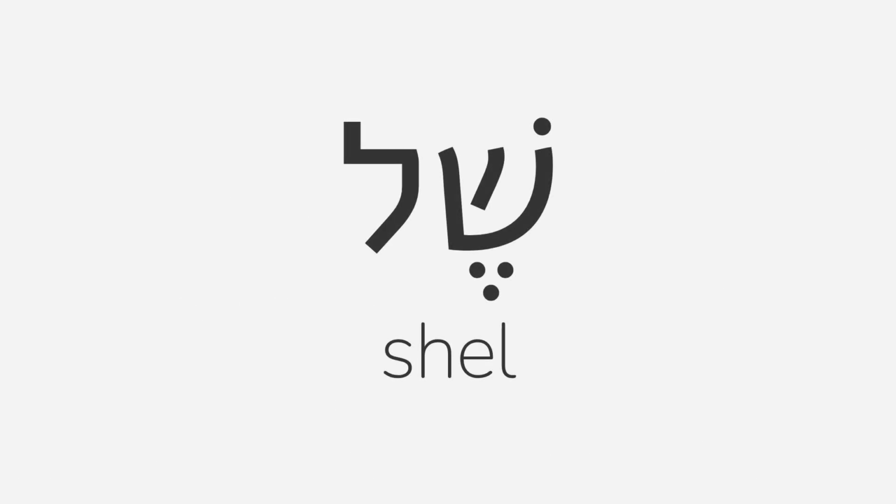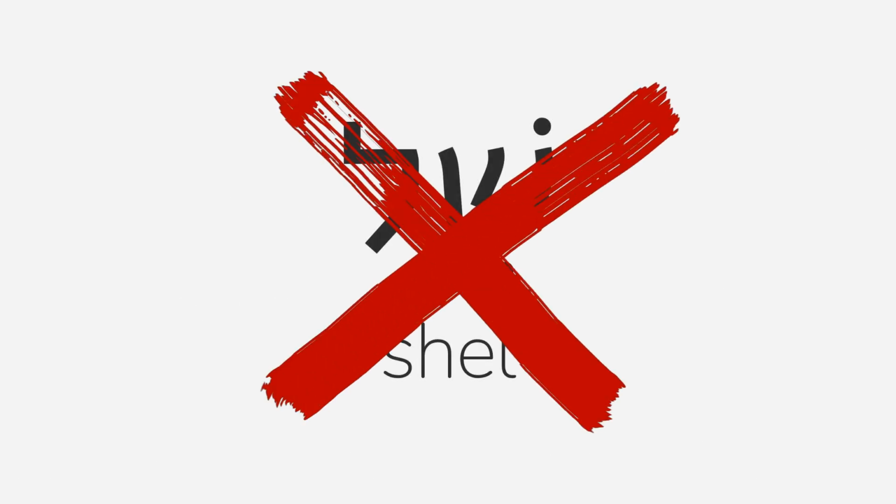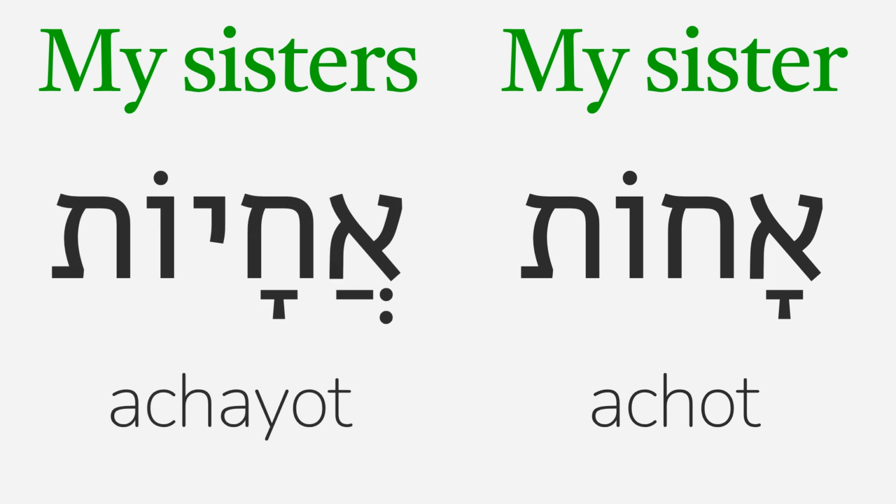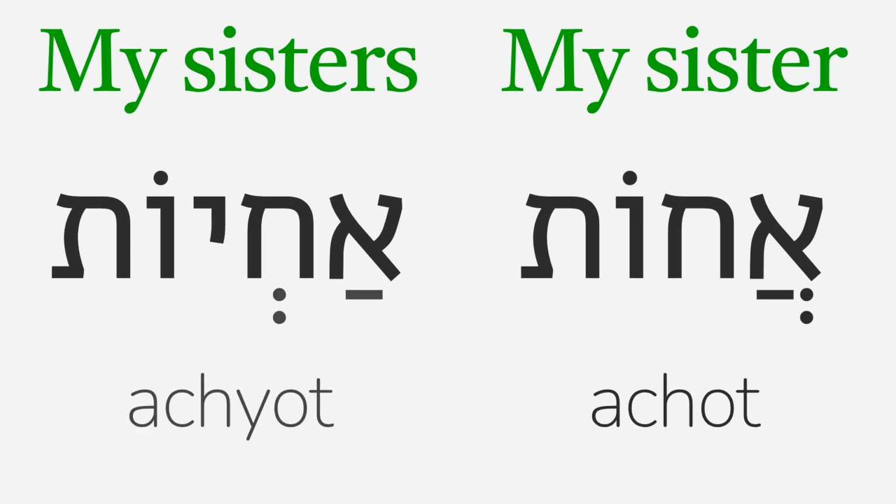In Lesson 20, we learned how to make possessive phrases in Hebrew that do not use the word shel, of. For an example, let's say my sister and my sisters using this new structure. The first thing we do is take the words ahot, sister, and ahayot, the plural, sisters, and then put them into construct form. The construct form of ahot is also ahot, and the construct form of ahayot is achyot.